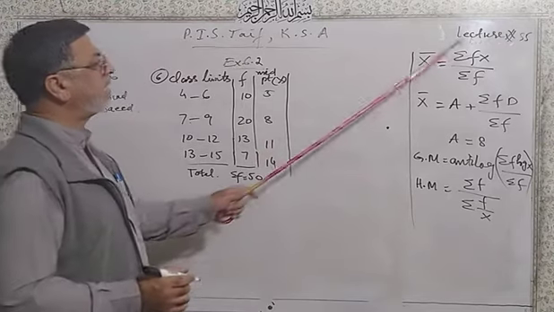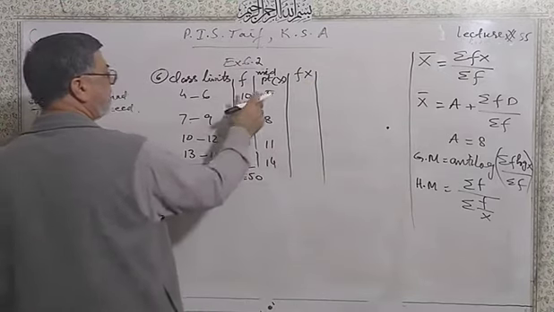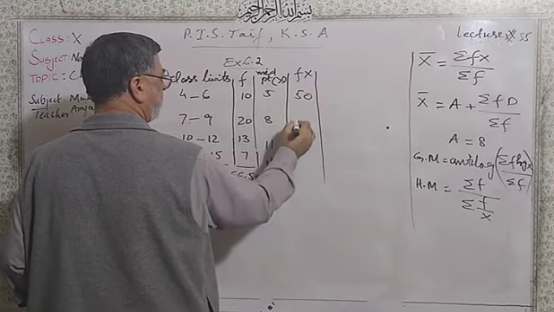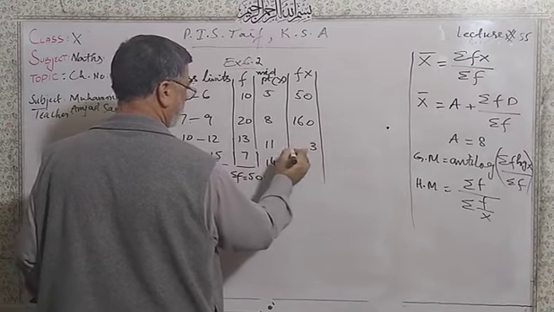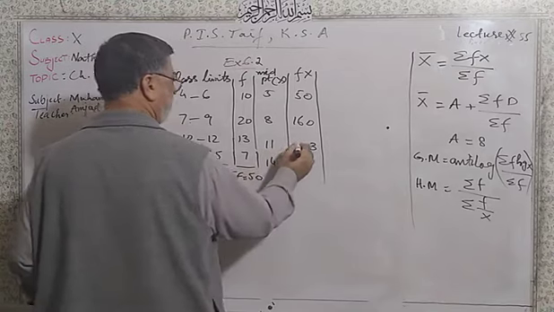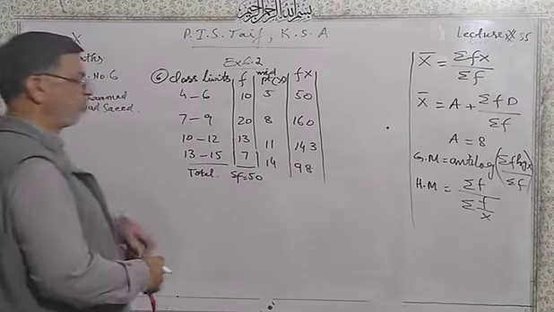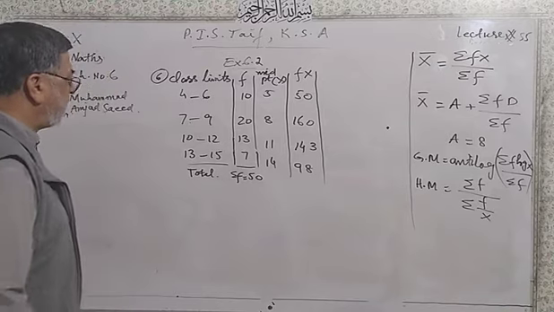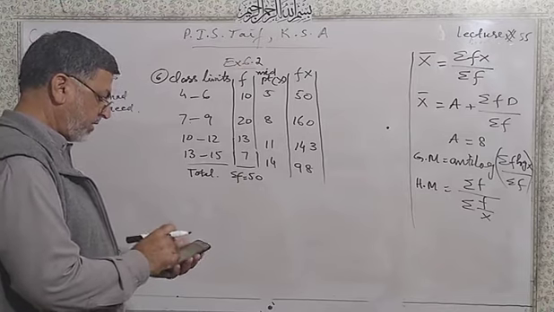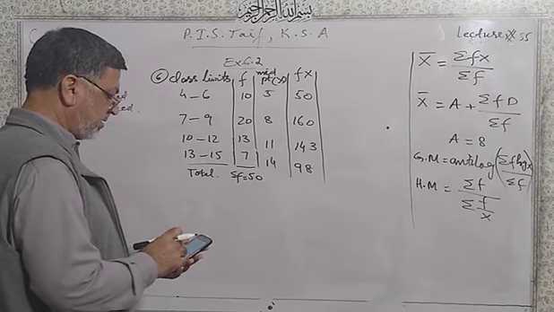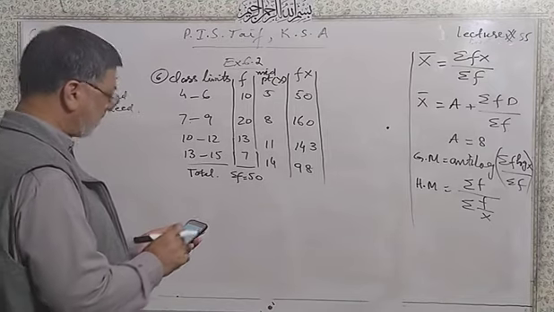After that you have to make the column of fx. Fx is 10 into 5, 50, 160, then that will be 143, 98. Yes, we can check it. 13 into 11, yes, 143.